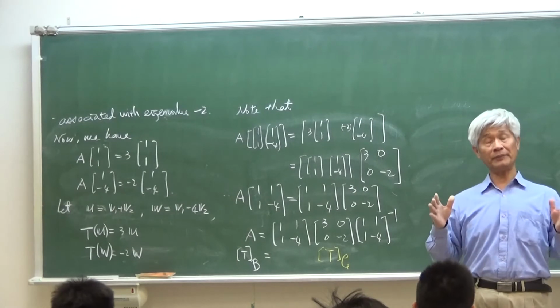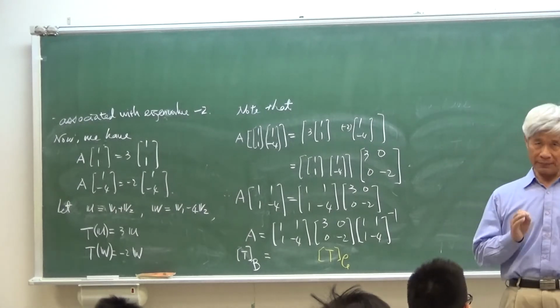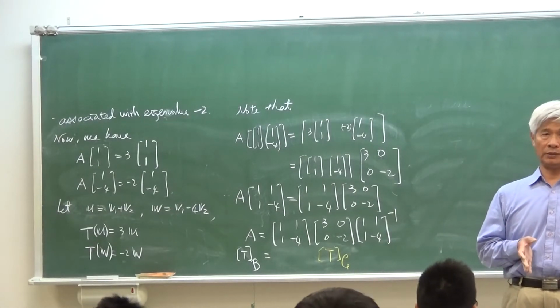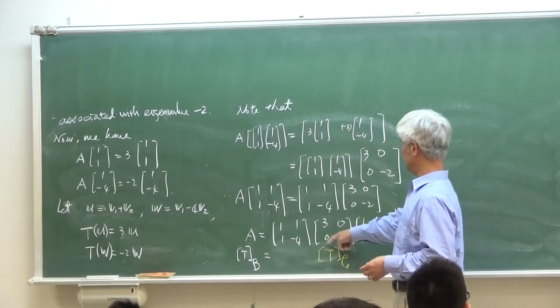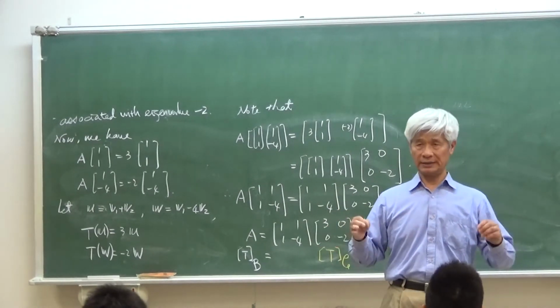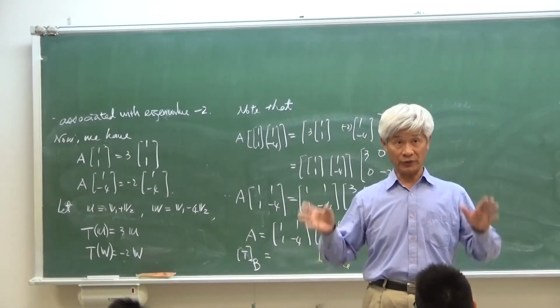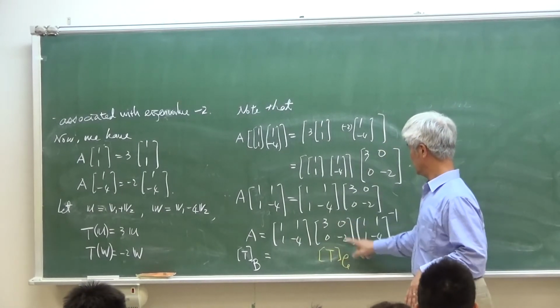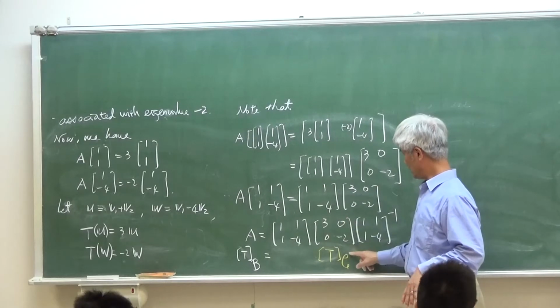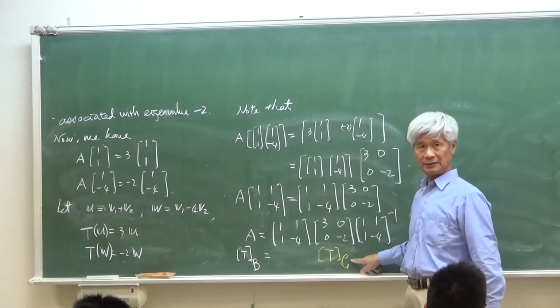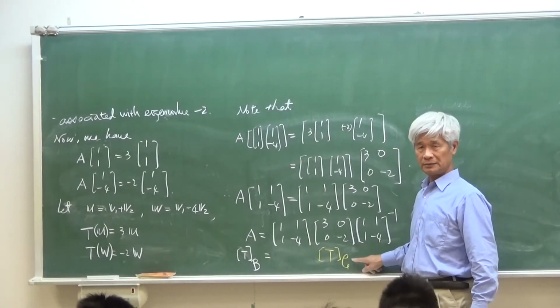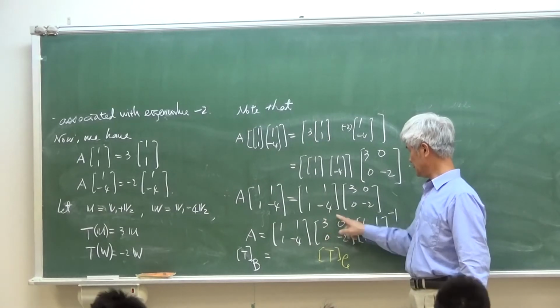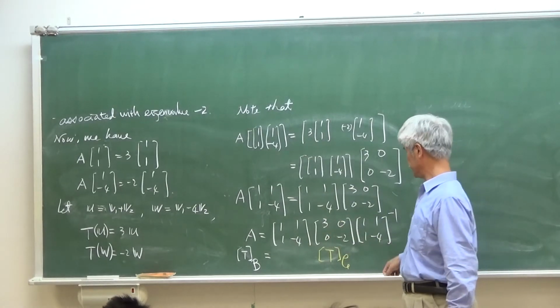Because we want a matrix representation which is as simple as possible. And we know that a diagonal matrix is the simplest matrix representation for a linear operator. Alright? So we want to find a basis C such that this is the matrix representation.